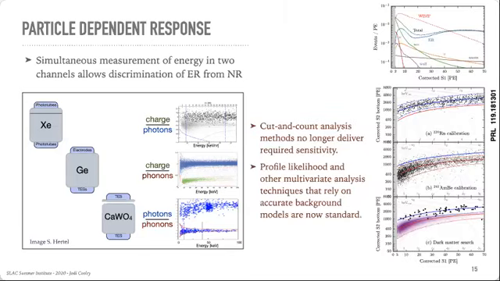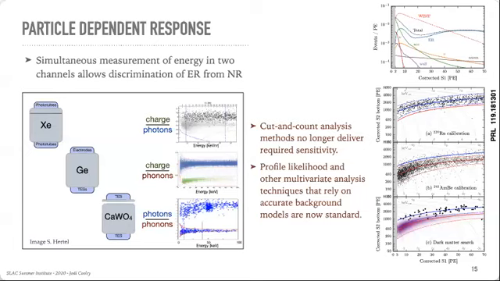Once you do this, essentially it's a cut and count analysis, which is essentially what we've done in the past. Nowadays, the cut and count analysis is not sufficient, and so we started moving to a lot more sophisticated techniques like using profile likelihoods and other types of multivariate techniques.